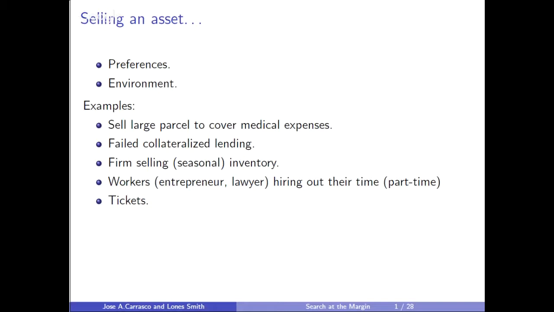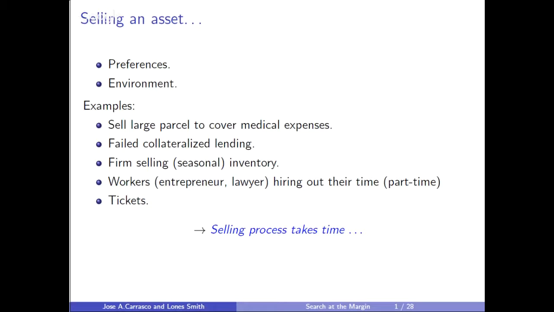A firm selling seasonal inventory by the end of the season is another example, or even workers like entrepreneurs or lawyers hiring out their time partially, okay? And also tickets, airline tickets, soccer tickets, where people might find themselves in a situation where they hold a position in the asset and they want to sell it, okay?